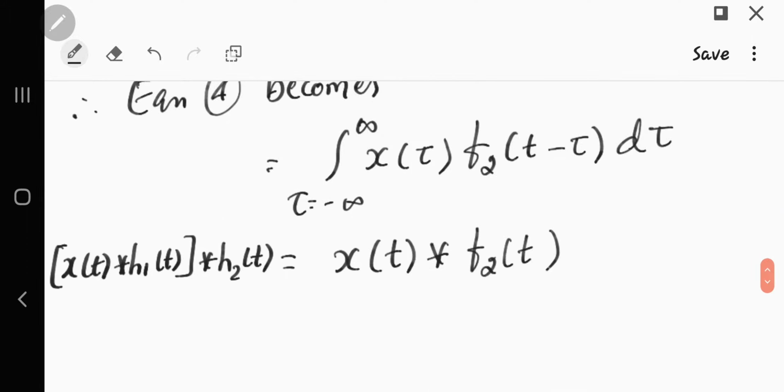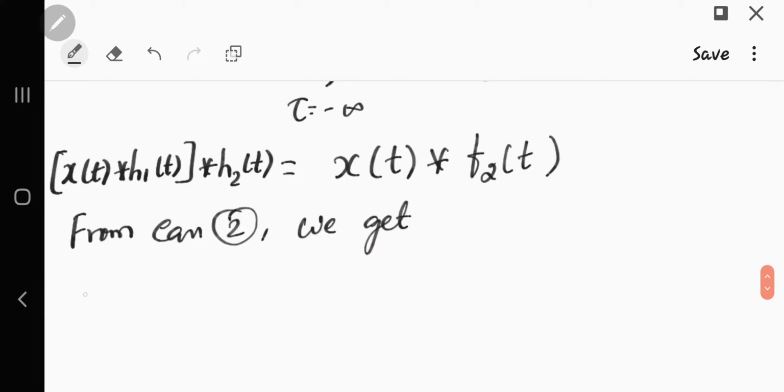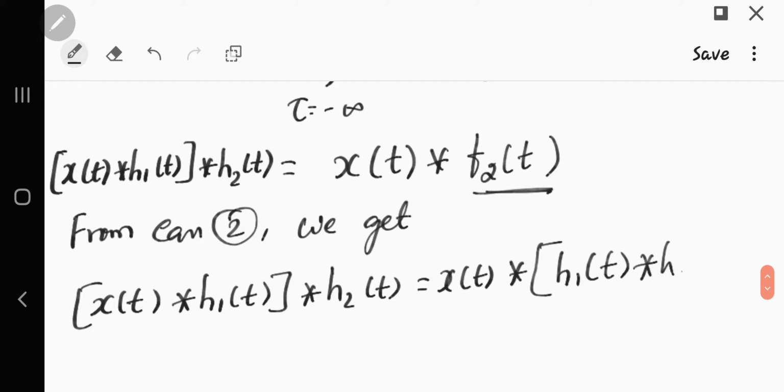Let's substitute here the value of f2 of t from equation 2, we get x of t convolved with h1 of t convolved with h2 of t is equal to, now I will substitute f2 of t here, so that gives us x of t convolved with h1 of t convolved with h2 of t. So this completes the proof of associative property.